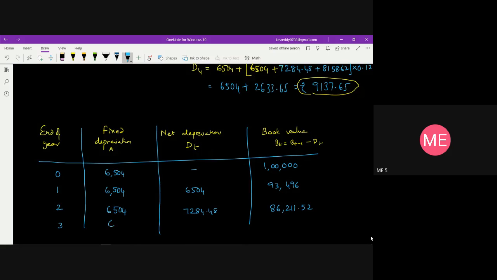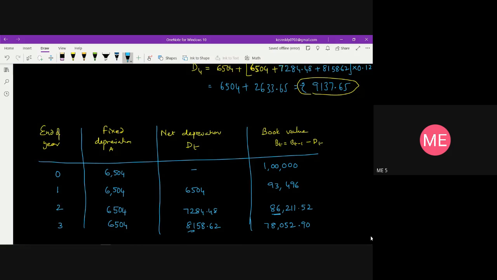Next, at the end of third year, 6504. Then the depreciation we got is 8158.62. We need to subtract 8158.62 from 86,211.52. Then we will get 78,052 rupees 90 paisa.